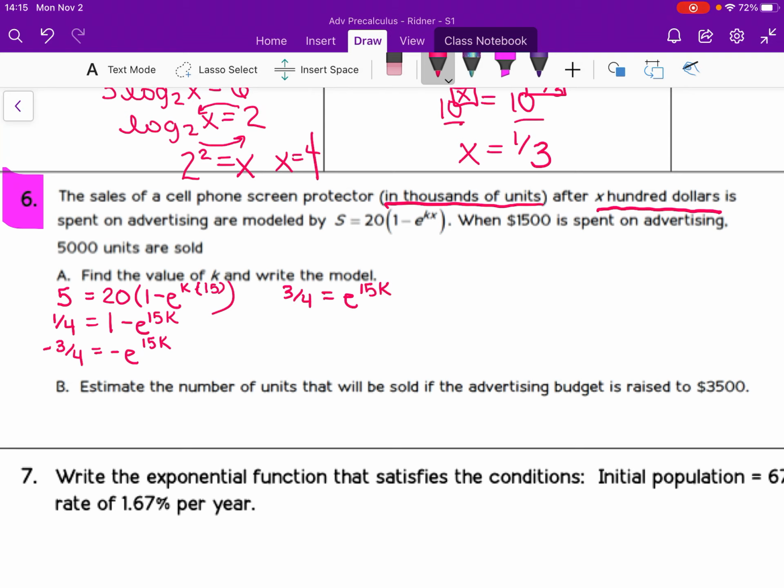So then I want to convert that to logarithmic form. So ln, so log base e of 3/4 equals 15k. Divide by 15. Type all that in my calculator to get k is approximately -0.01918.